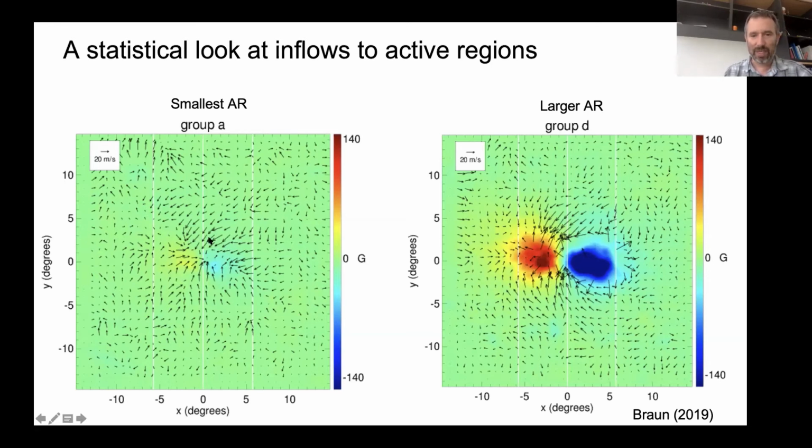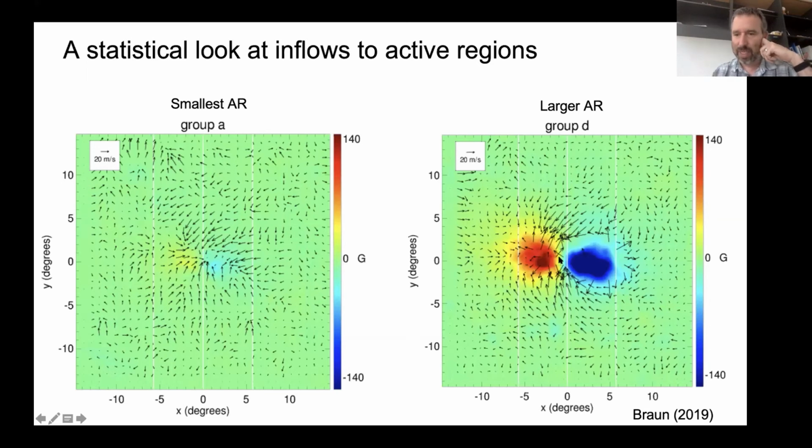And on the left, there's the case of small active regions, and on the right, big active regions. And the colors in the background, yesterday I showed horizontal divergence, but here they're just showing the magnetic field. So you have some blue in the leading polarity and these red colors in the trailing polarity, and the same in the other figure. And here you see these converging flows towards active regions.